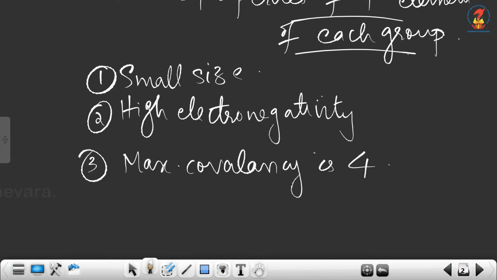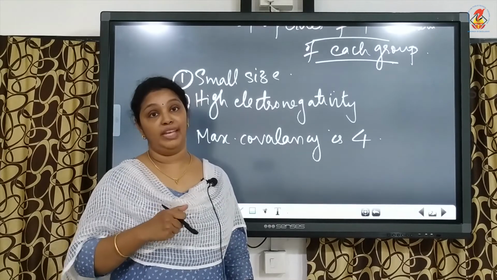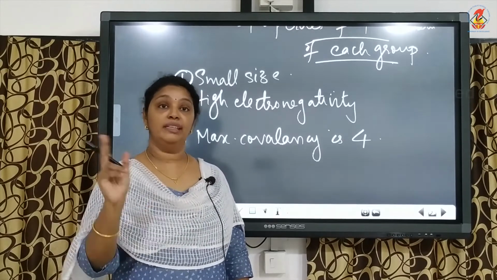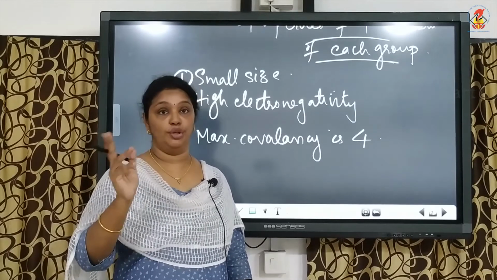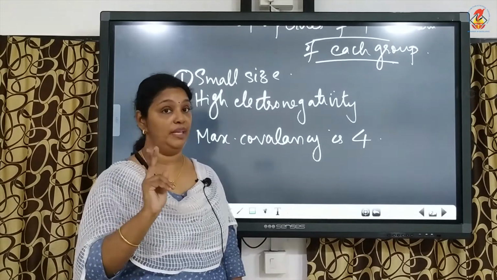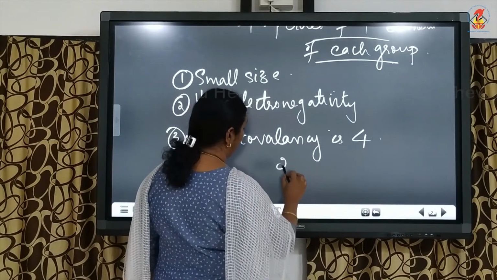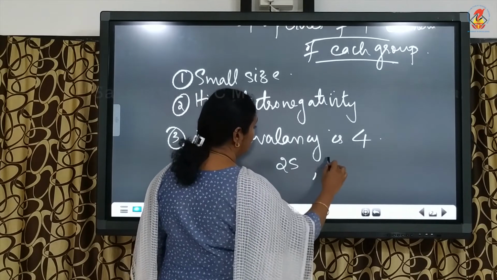What is the meaning of covalency? Covalency means the number of orbitals available for bonding. You take the first element of each group. The first element of each group is in which period? Second period. And you know, for second period elements, the orbitals available are 2s and 2p.